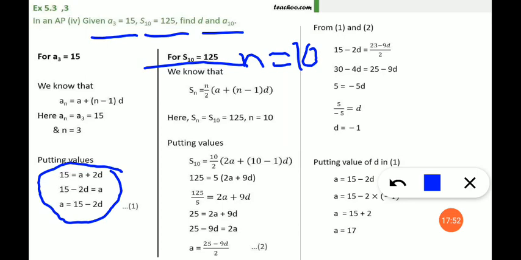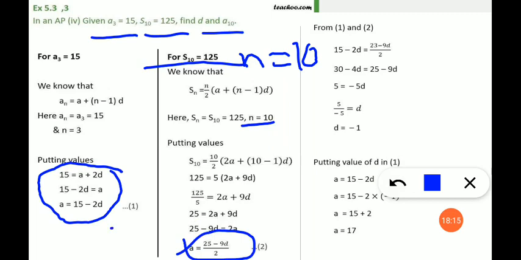We will substitute here, and after substitution we get 125 is equal to 5 into (2a plus 9d), or 25 is equal to 2a plus 9d, or we can say a is equal to (25 minus 9d) by 2.